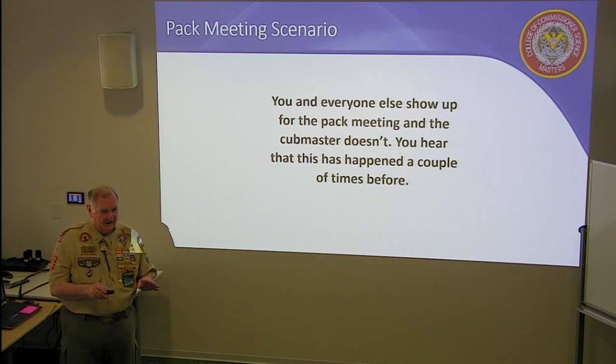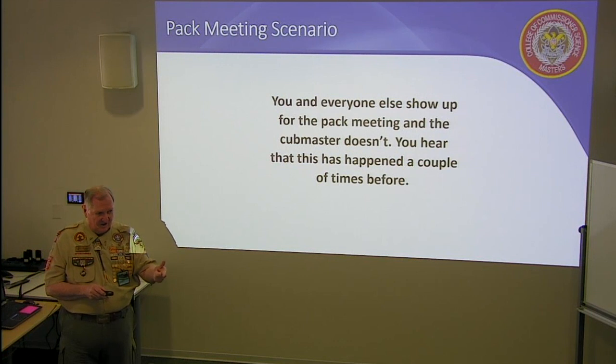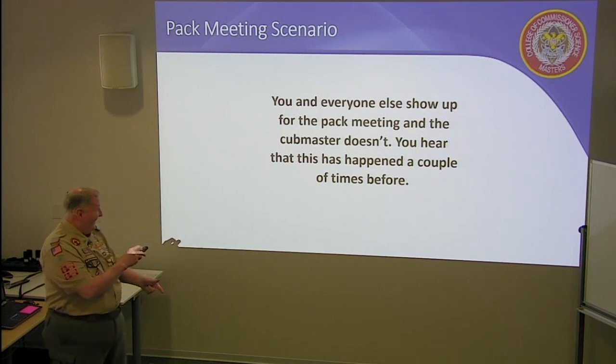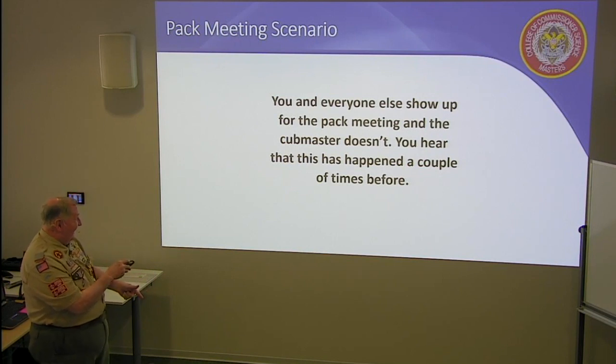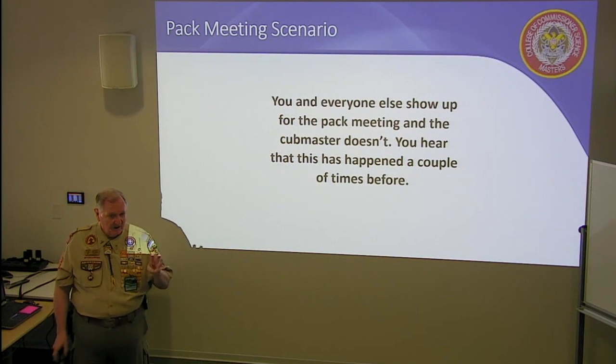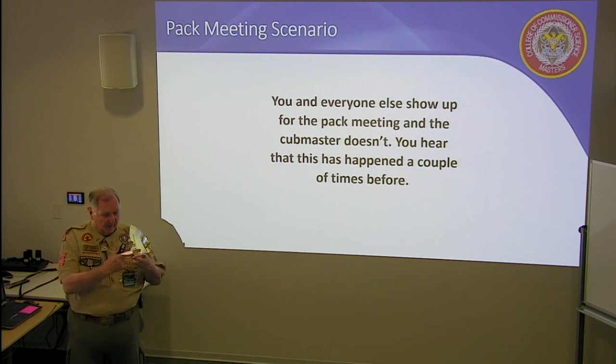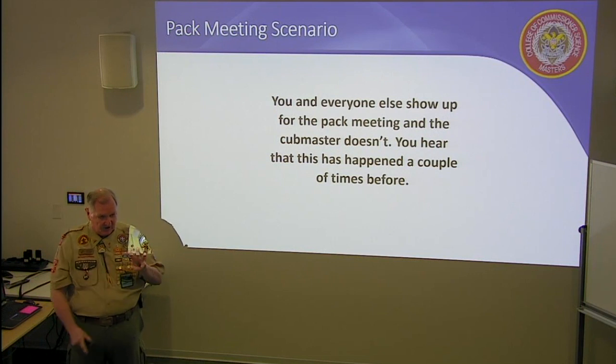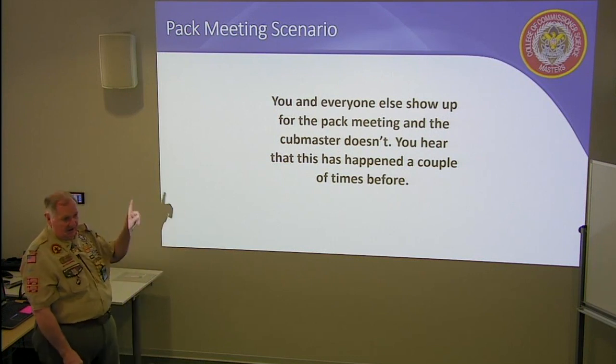Who are they? Charter organization, okay, committee chairman, committee chair, and probably the Cub Master. The Cub Master, because they're your key three, remember? Your COR, the committee chair, and the Cub Master are your key three for that unit.